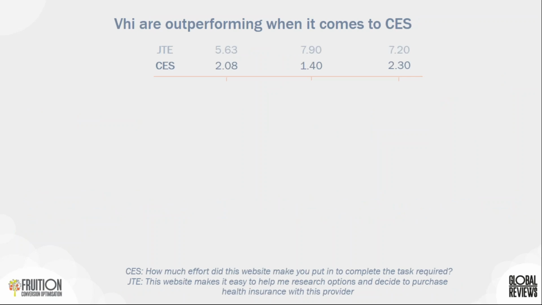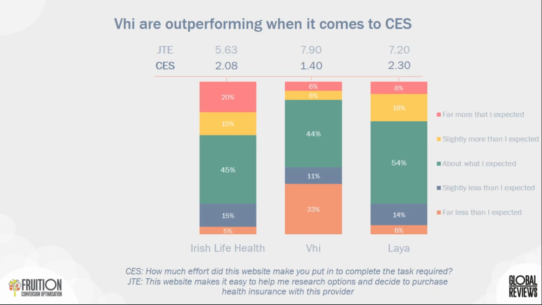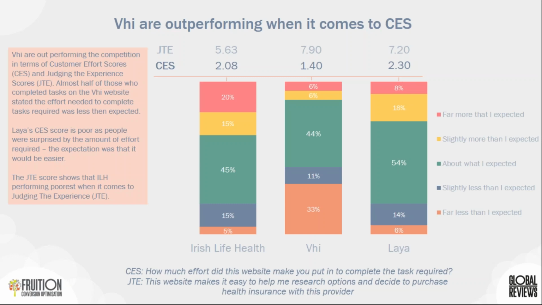So if we look at where VHI is in terms of customer effort score and judging the experience, we can see that VHI are outperforming in both areas against Laya and Irish Health Life. So if we look at the customer effort scores, the closer to zero is where we want to go, and we can see that 33% felt that the effort was far less than they expected, and 44% is about what they expected.